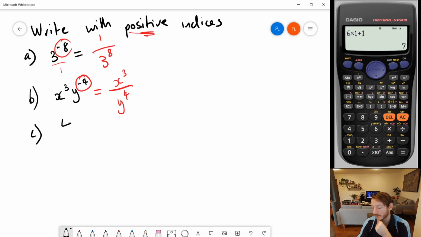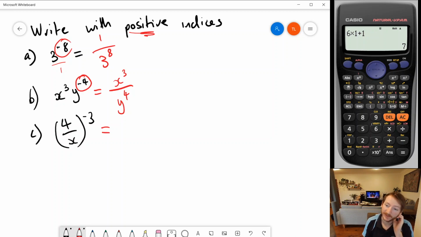Let's say 4 over x to the power of negative 3. Now we're combining the law from last term at the very end. So I'll just quickly go over it now. When we've got a fraction, all to the power, this power applies to everything in the brackets. So this could be written like this. And now I need to combine it with the law from today by making it positive.